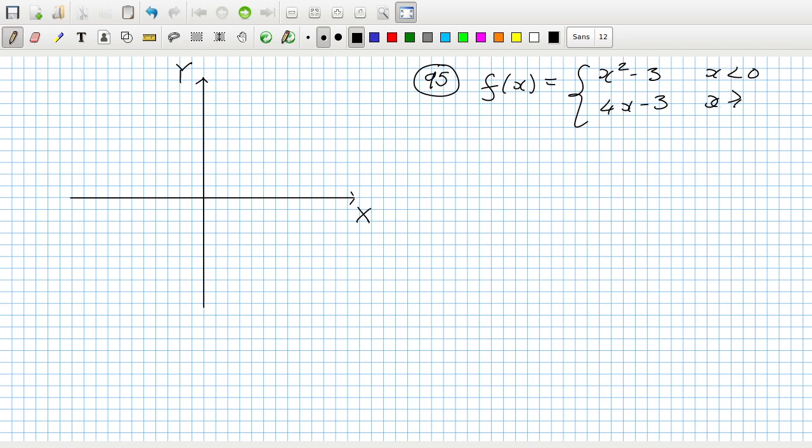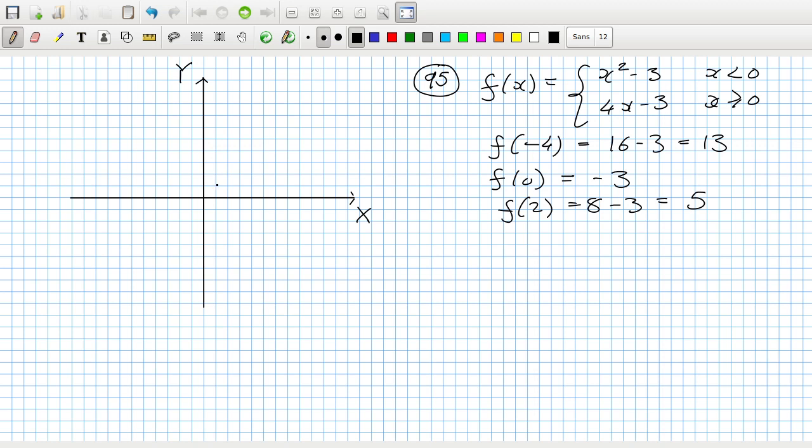And then 4x minus 3 when x is greater than or equal to 0. So f of minus 4, that's definitely the negative. That'll be 16 minus 3, which is 13. F of 0, that's the second one. It's going to be minus 3. And then f of 2 is the second one again. It's 8 minus 3, which is 5.